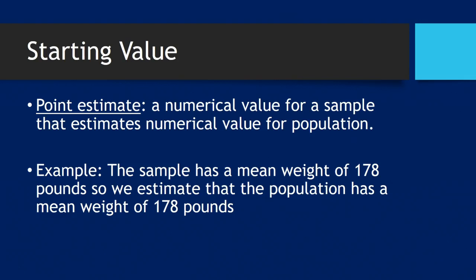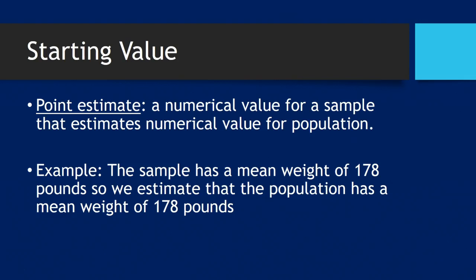So for instance, if I took a sample of people in this class and said they had an average weight of 178 pounds, we could estimate that throughout Mid-Michigan College, the population, in other words all students from Mid-Michigan College, has an average weight of 178 pounds.